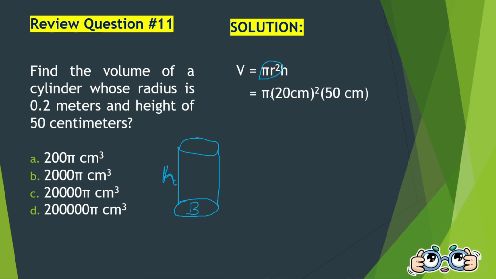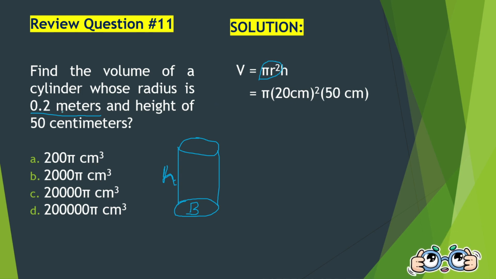Therefore, we get pi times 20 centimeters, which is equivalent to 0.2 meters, times 50 centimeters. Take note, the units of measurements are not the same, so we have to convert it into centimeters since the choices are written in cubic centimeters.